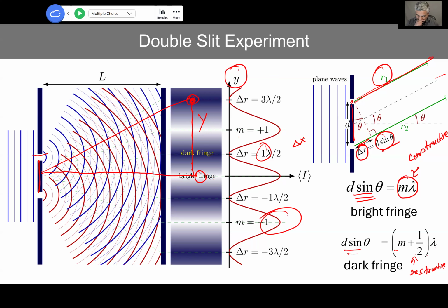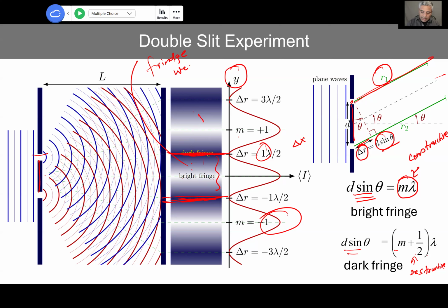Also, we can find the separation between one dark fringe and the next dark fringe on this side. That gives us the width of this bright fringe, from the center of this dark to the center of this dark. This is called fringe width.